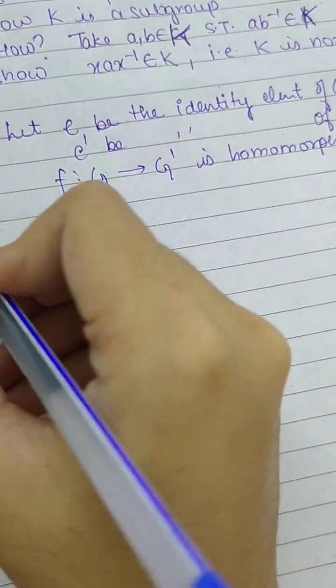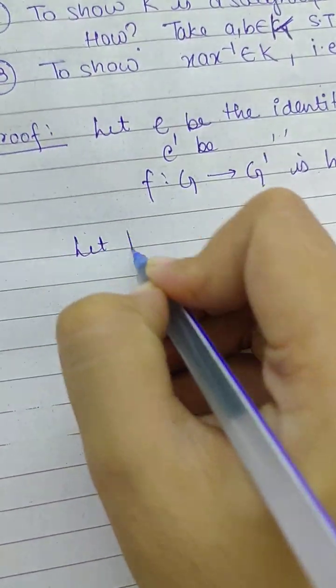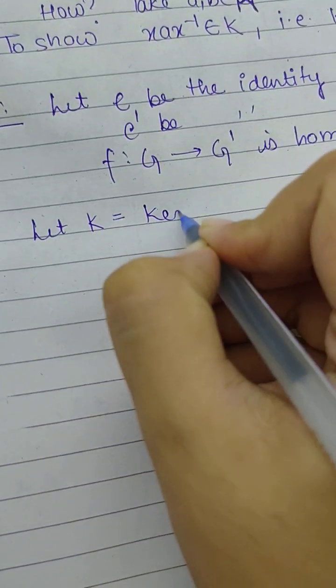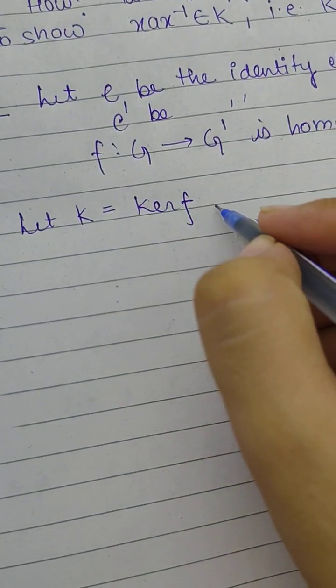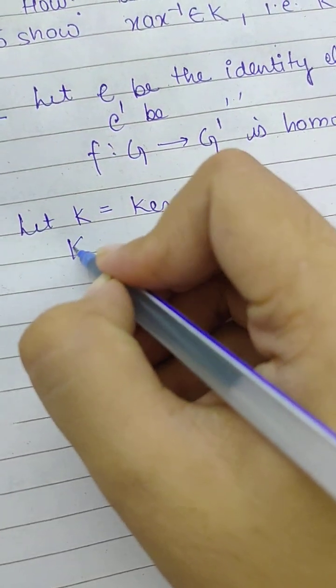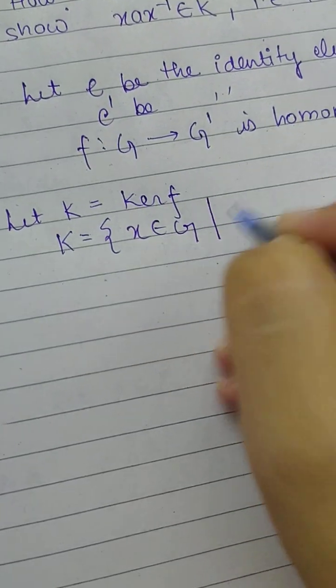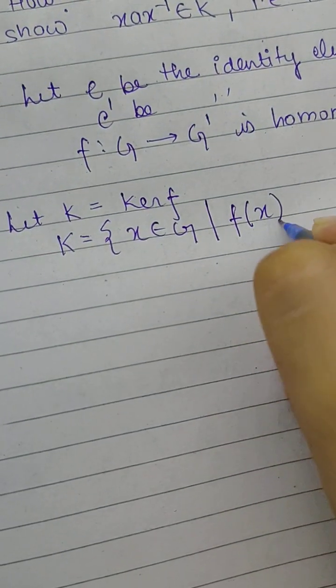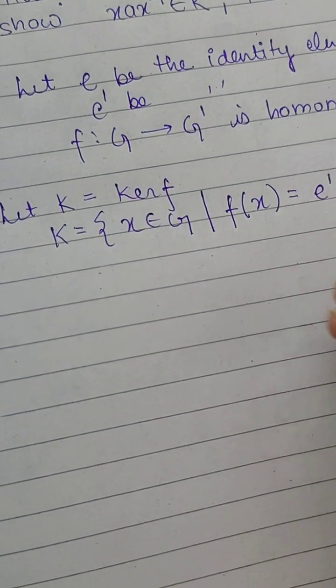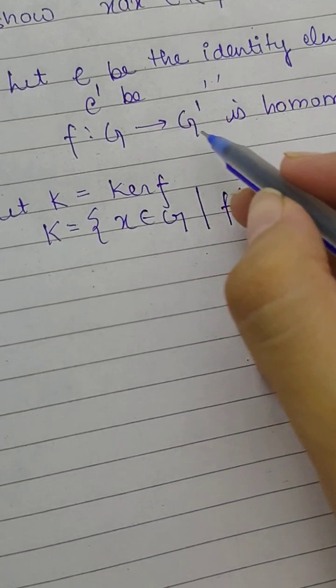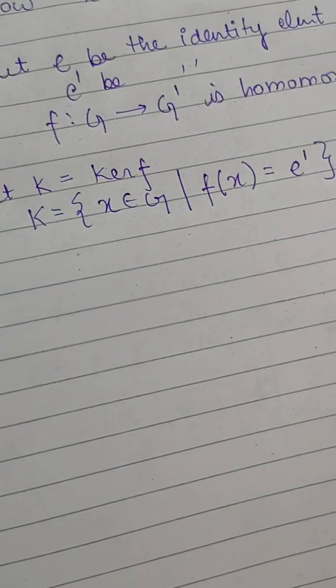Right. Now we'll be defining K. What is K? K is nothing but the kernel of f. So what is a kernel? You know that K has all the elements of G which are mapped to the identity of G dash, right?